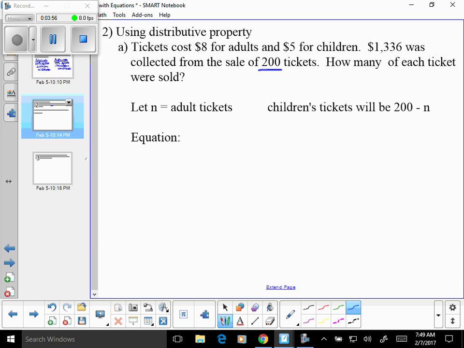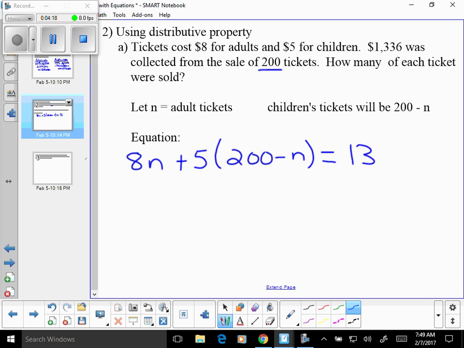Now we're going to be setting up an equation that's going to remind you a little bit of the ratio, because it's really $8 for an adult and $5 for a child. So we're going to take $8 times the number of adult tickets plus $5 times the number of children's tickets, which is 200 minus n.